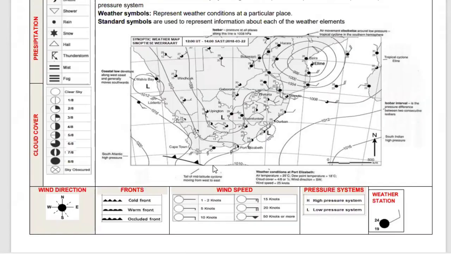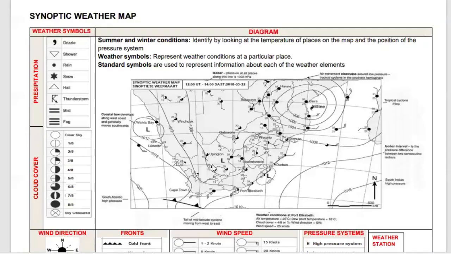Right, we are going back to our synoptic map to analyze how those different weather elements are portrayed on the synoptic weather map. That is our synoptic map. As we look at it, we can see some concepts indicated there.